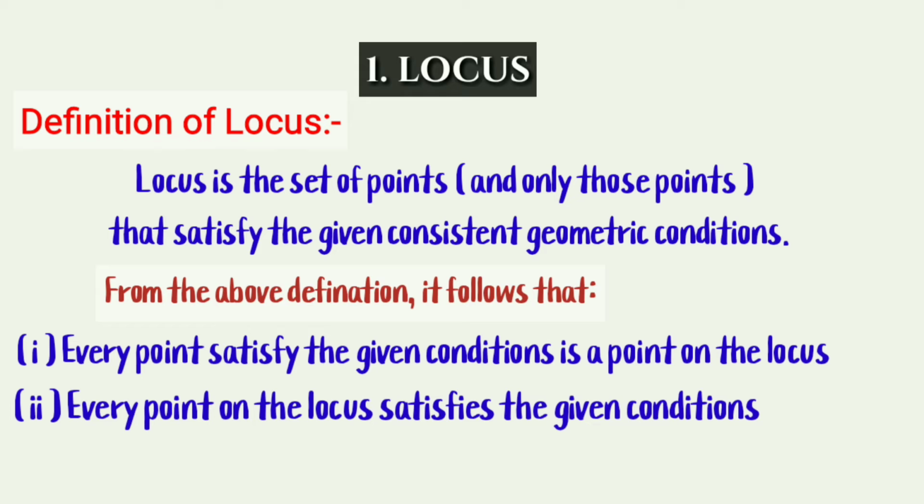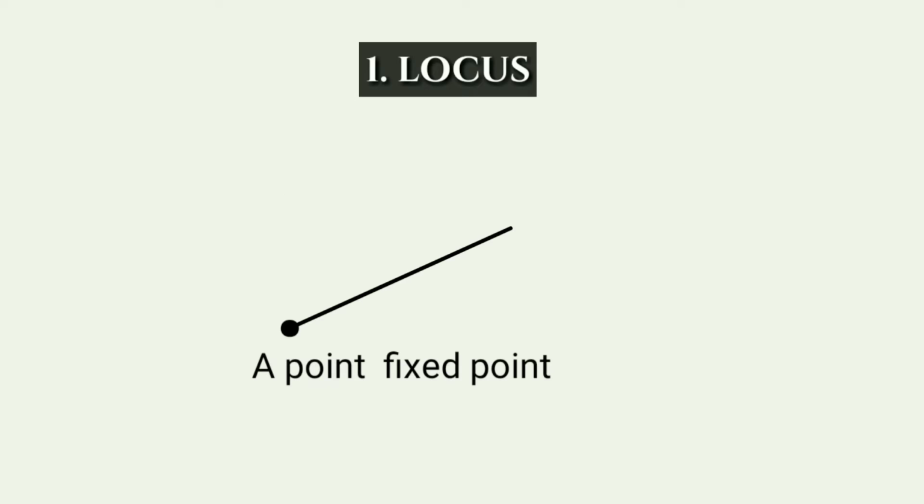For example, take a point. Here A is a fixed point and take another point P. P (x, y) is a moving point, which means P is a point on the locus. So P is anywhere, a moving point.